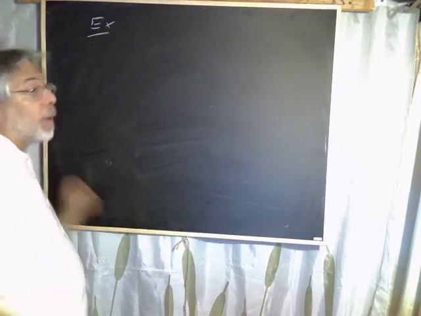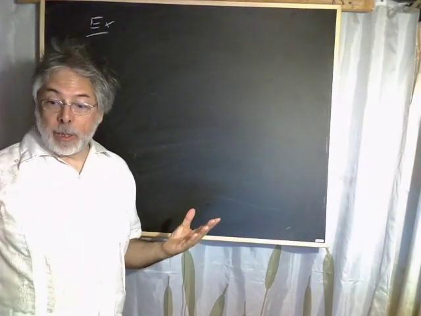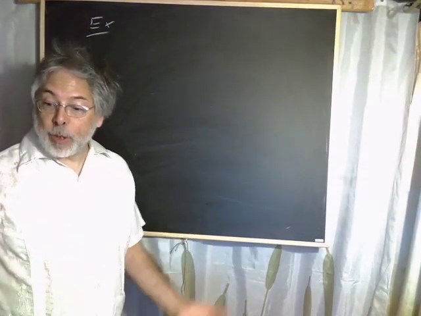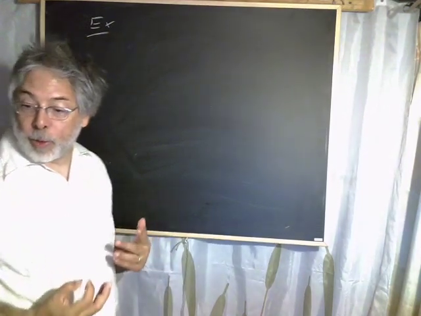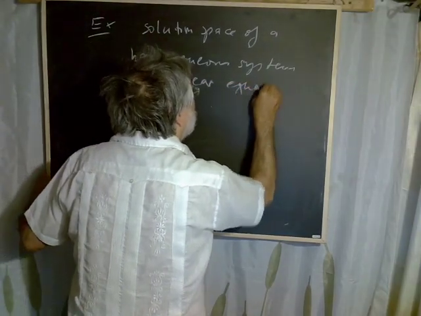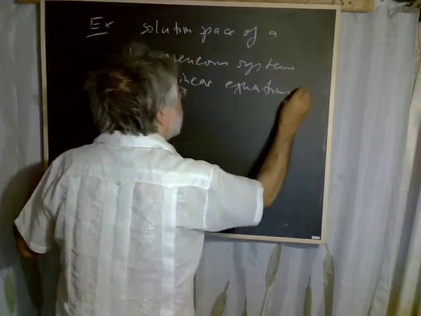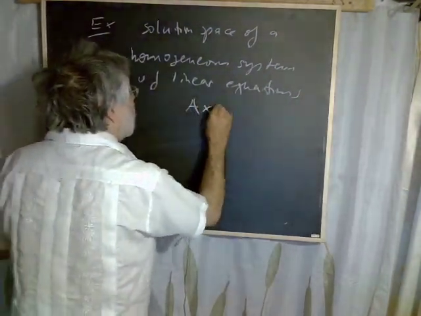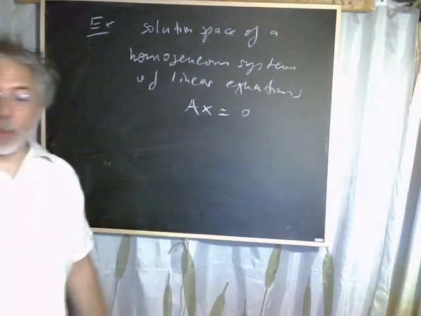An example of such a thing is given by the solution space of a homogeneous system of linear equations. We've written this as Ax equals 0.